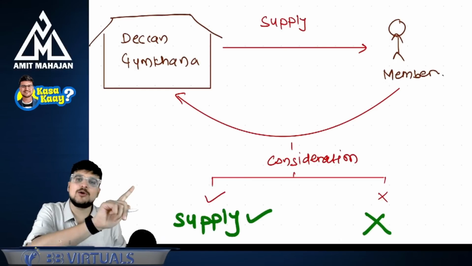Now we will see whether Rashi has imported that service for business purpose or not. Mrs. Rashi receives legal advice for her business purpose. So it is flowing like this: without consideration, from a related party, for her business. It will be considered as supply.